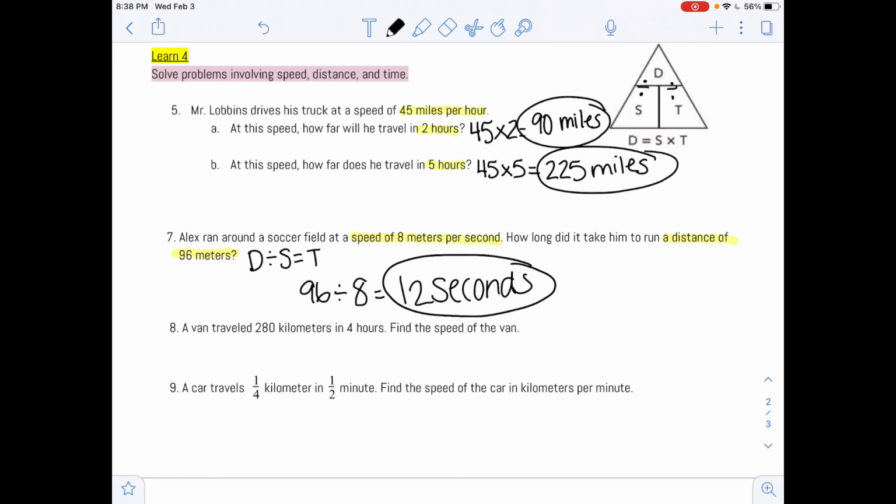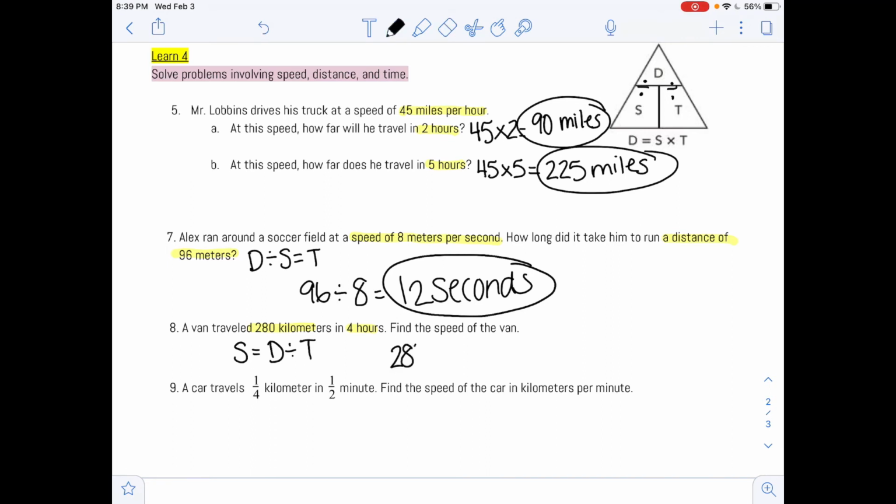Looking at the next problem, a van traveled 280 kilometers in 4 hours. Find the speed of the van. So according to my triangle over here, now I'm going to be solving for speed. My relationship between distance and time is that I'm going to divide these to be able to find my speed. So for speed, I take my distance divided by time.